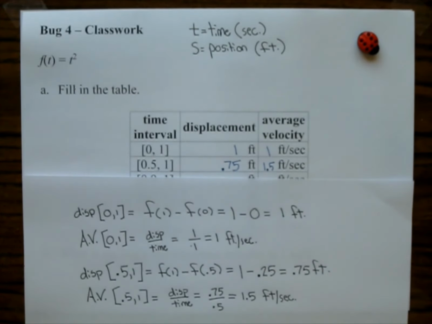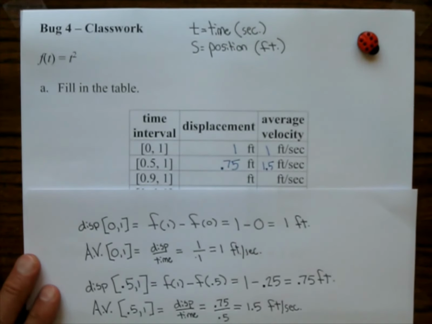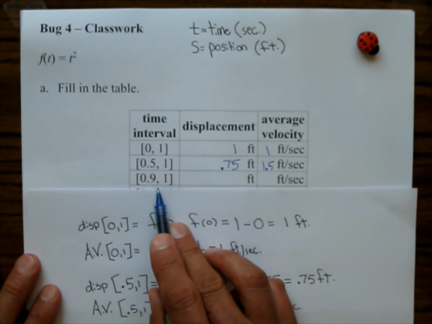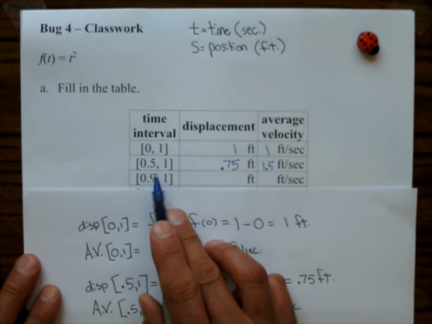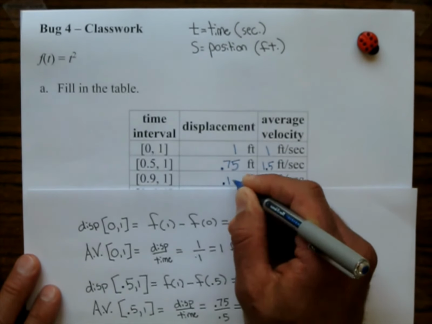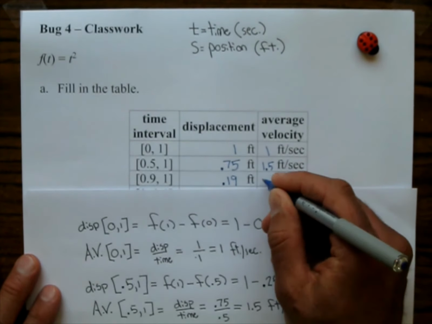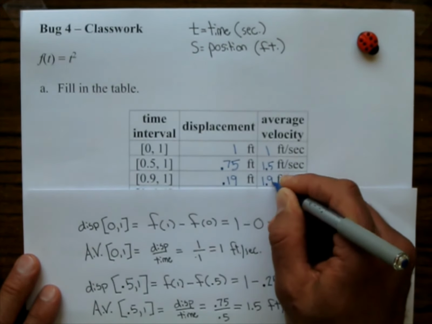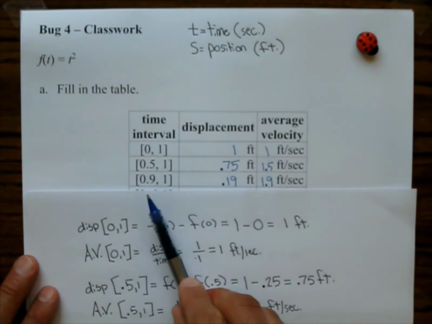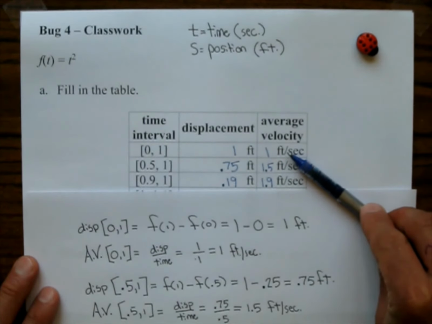I went ahead and calculated the other ones. What I'm getting for this one right here, from 0.9 to 1, that time interval is very short, not as long as the ones above it. I ended up getting 0.19 feet. And in terms of feet per second, it's 1.9. Now, what is happening as this time interval is getting smaller and smaller? What's happening to the average velocity?